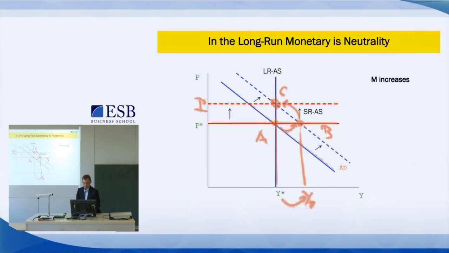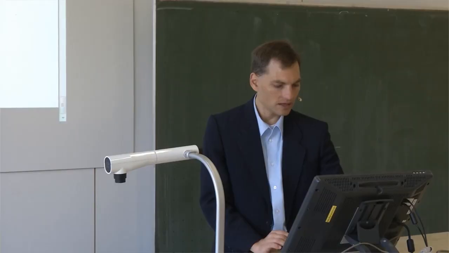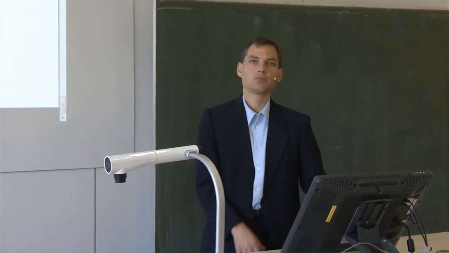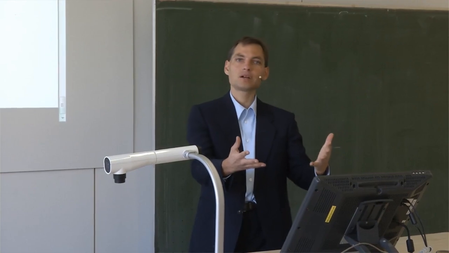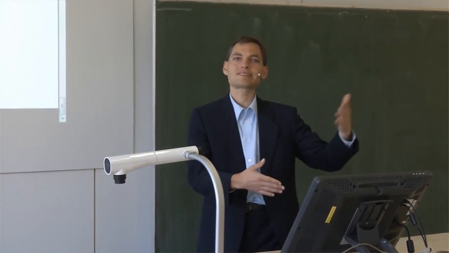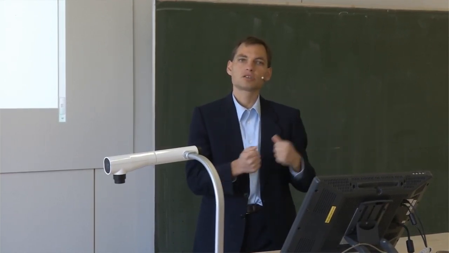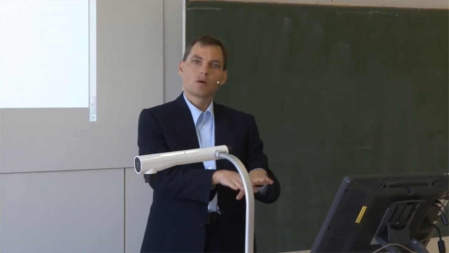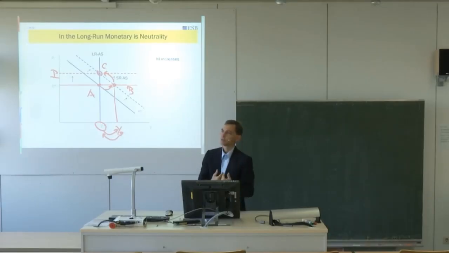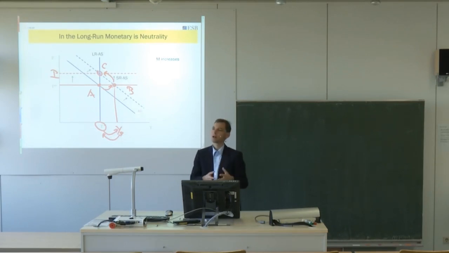When we move back to point C, you see there is no impact of monetary policy. The only impact we have in the long run is a higher price level. And that is obviously not really good, because usually if the price level is higher but the income is the same, we have lost purchasing power. So we can buy less products with our income, with our money in the pocket.